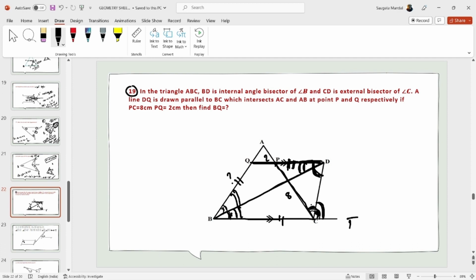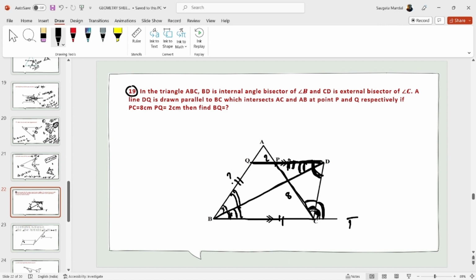So the angle PCD equals angle PDC. In a triangle PDC, two angles PDC and PCD are equal.